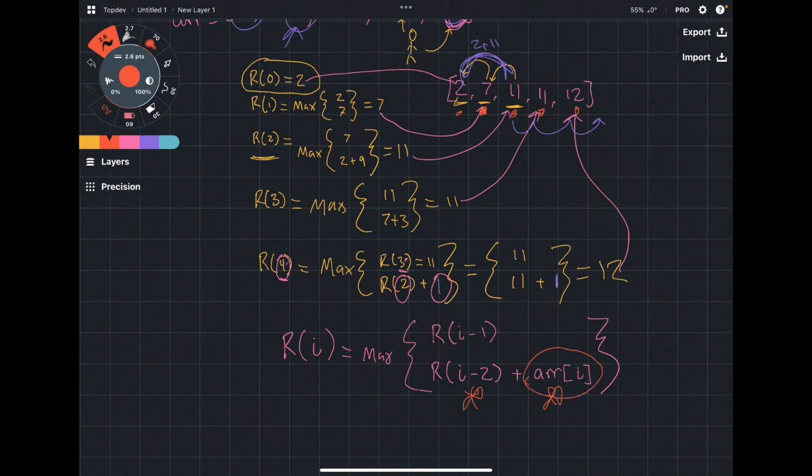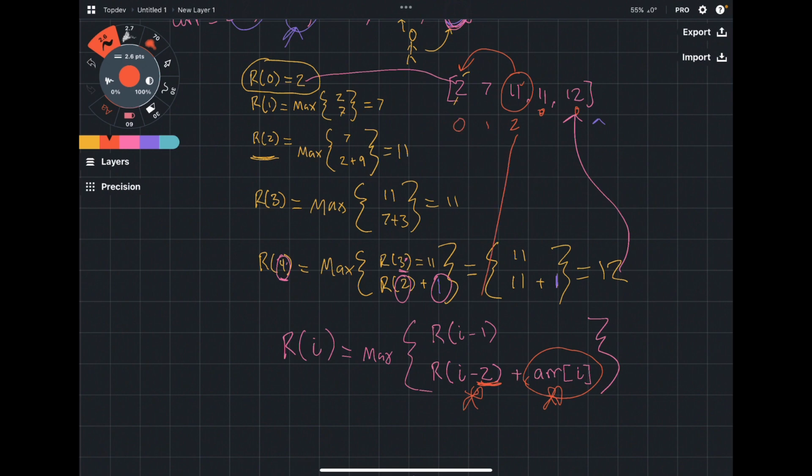And because we're at 2, the furthest back in the array that we can go is 2. If we were at the 11, we could only go back to the 2. This is 2, this is 1, this is 0.